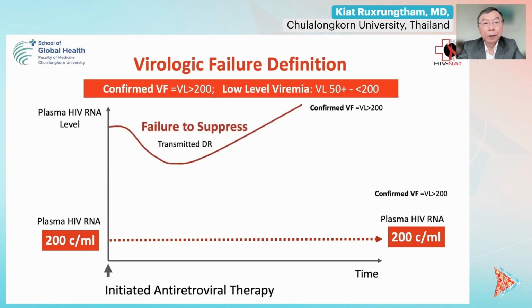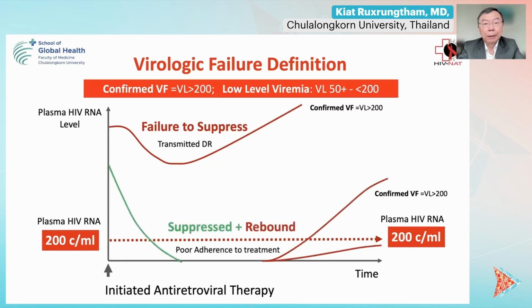In case of confirmed biological failure, there are two scenarios. The first scenario is a failure to suppress. It means we cannot achieve viral suppression below 50 copies since the beginning. The most common cause of this failure to suppress is HIV drug resistance transmission.